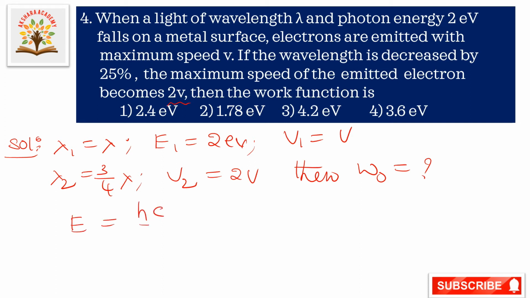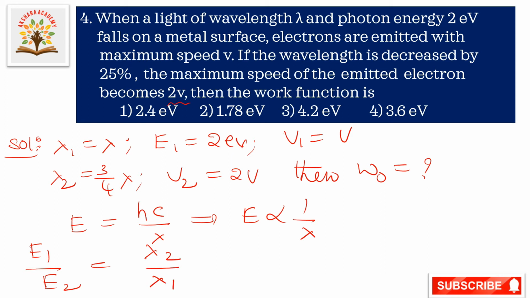E is equal to hc by lambda. So E is inversely proportional to wavelength. E1 by E2 is equal to lambda 2 by lambda 1. So lambda 2 is nothing but 3 by 4 lambda, by lambda. Lambda gets cancelled. So E1 by E2 is equal to 3 by 4.